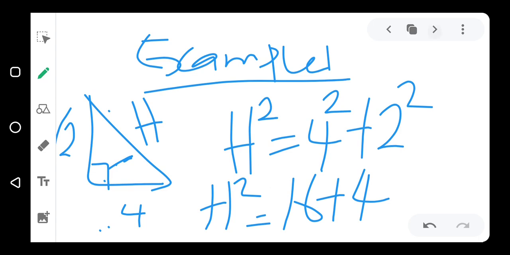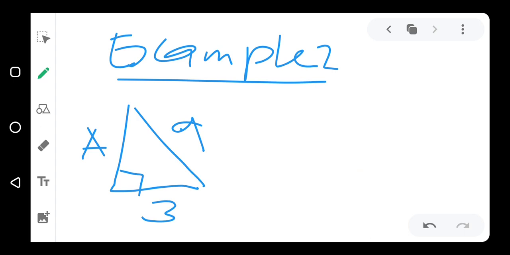Now here, they are trying to be a bit tricky. We are given the hypotenuse and asked to find one of the adjacents.